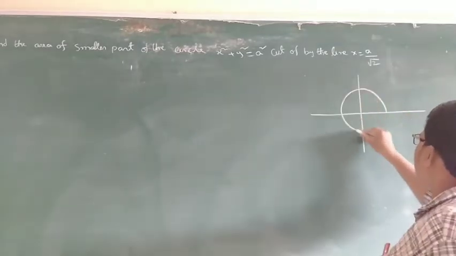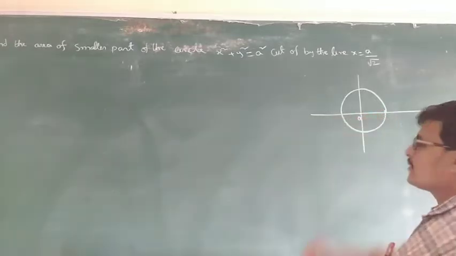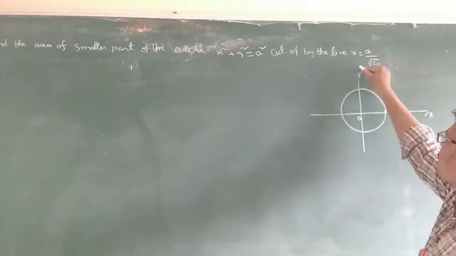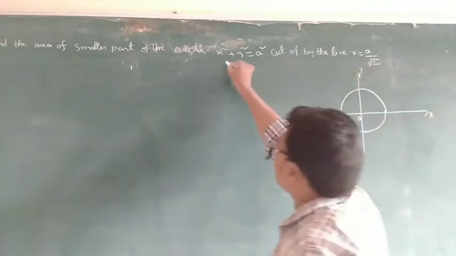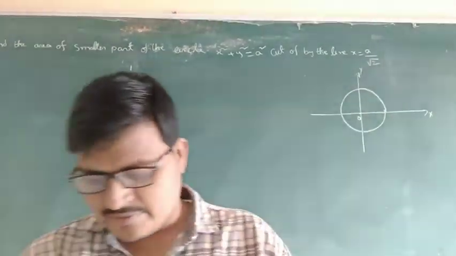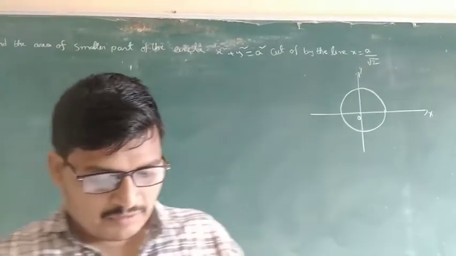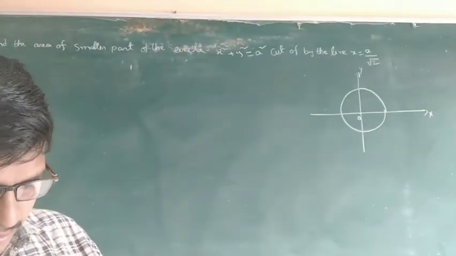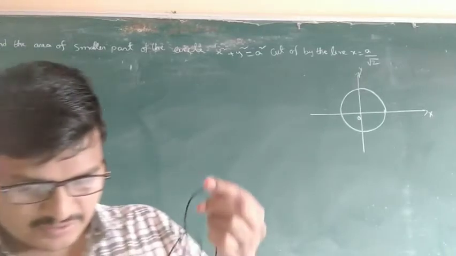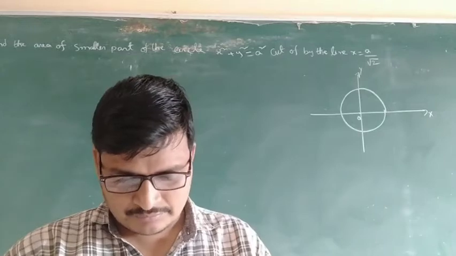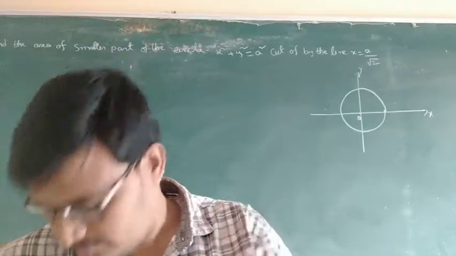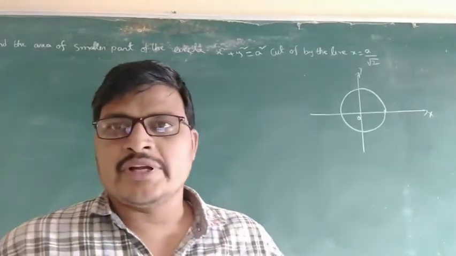This is the circle x square plus y square is equal to a square. a square means what is the radius? Radius is equal to a. a is the radius.